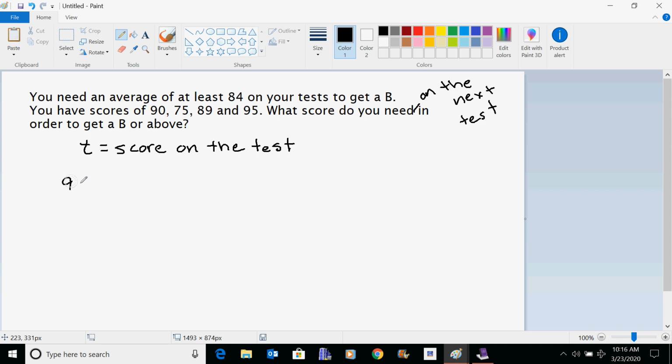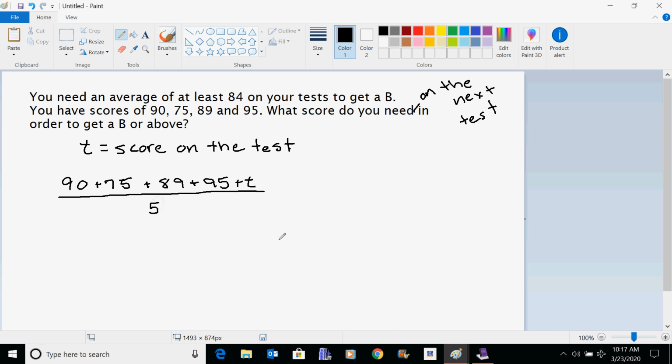So I have 90 plus 75 plus 89 plus 95. But we have one more number to add in, and that's the unknown test. And then we can divide all those numbers by 1, 2, 3, 4, 5.